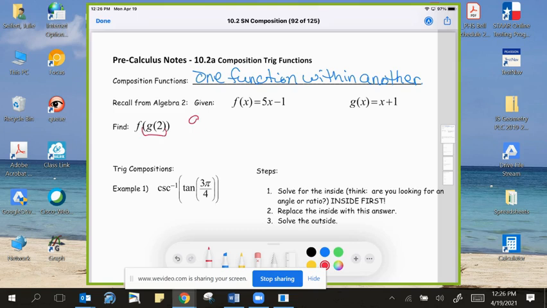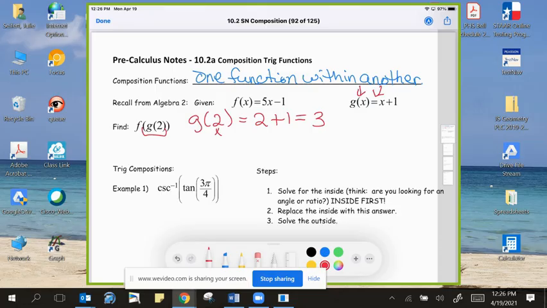So to do g of 2, that 2 is the x value in the g function. So instead of x plus 1, we're going to call that 2 plus 1. So g of 2 is 3.